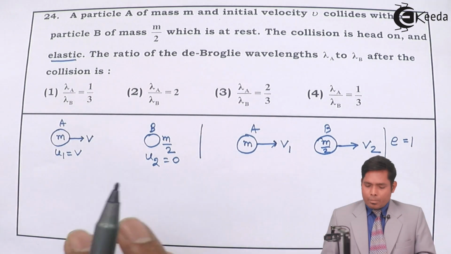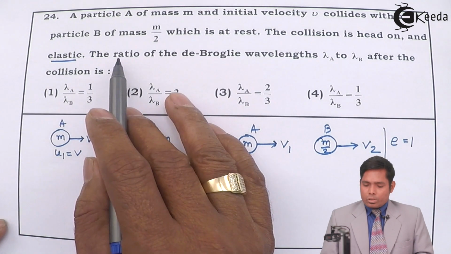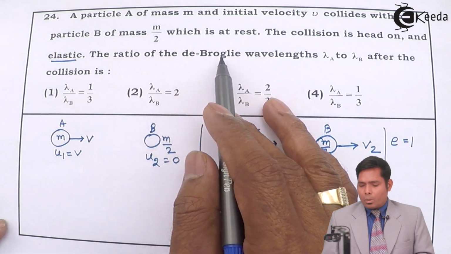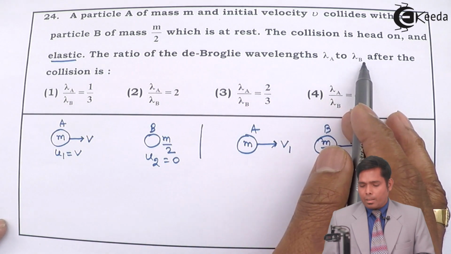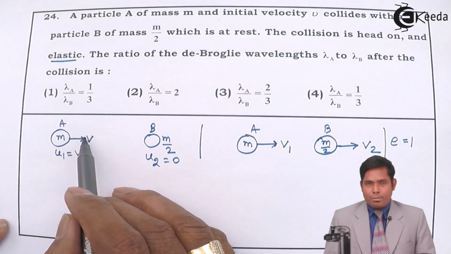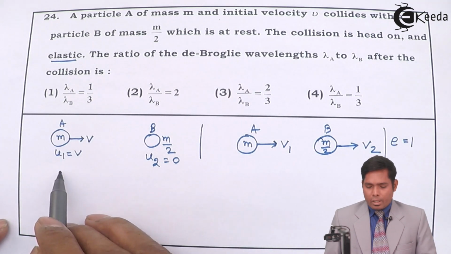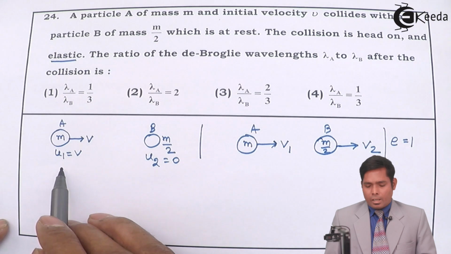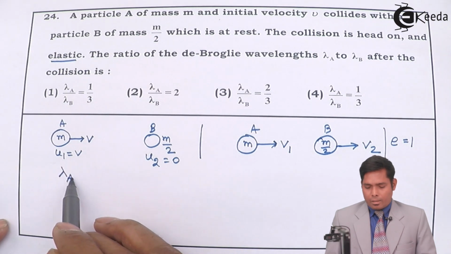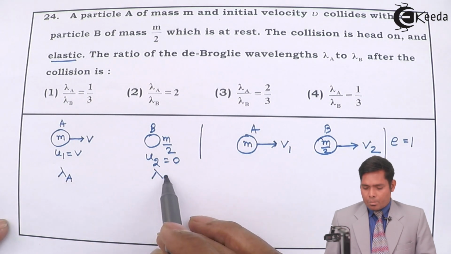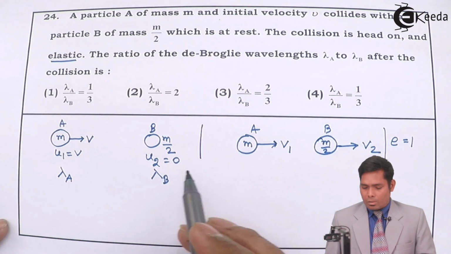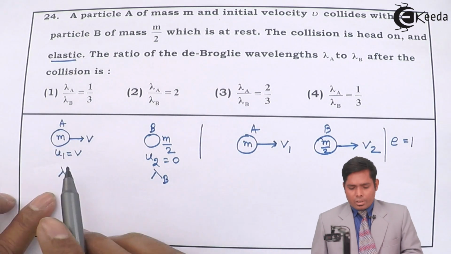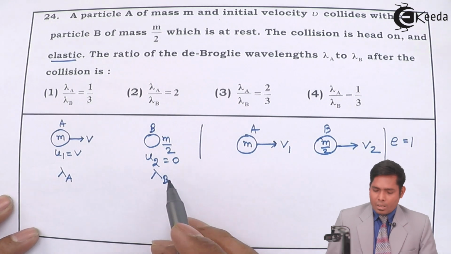So we have basically this information, and the question is to find the ratio of de Broglie wavelengths lambda A to lambda B. If this is moving, it will have some wavelength associated with it. According to de Broglie, this is called a matter wave, and the wavelength is lambda A for this one and lambda B for that one. What is the ratio of lambda A to lambda B after the collision?